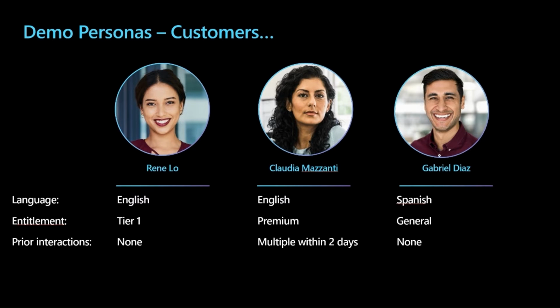Renee and Claudia have Tier 1 and Premium entitlements respectively, while Gabriel is on the general band. Claudia has already had multiple interactions with customer support within the last 2 days. Renee and Gabriel, on the other hand, haven't had any prior interactions. We will look at how these factors impact their interaction with Contoso Health.